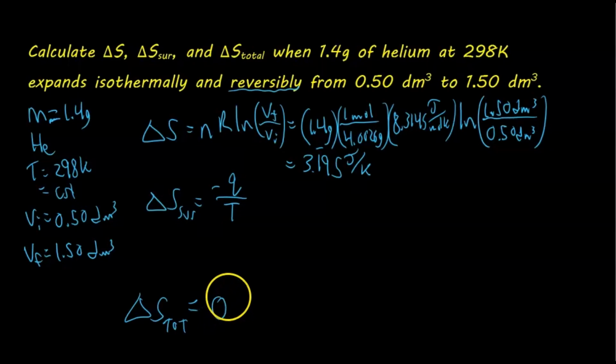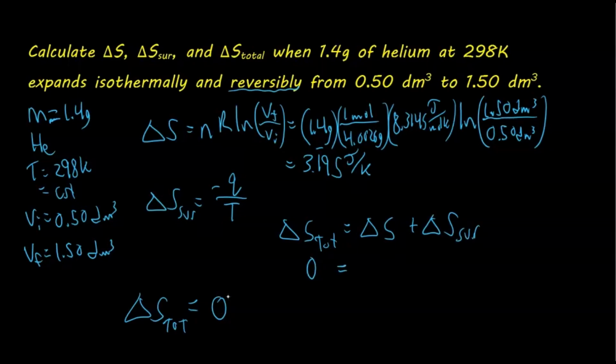So if this is the case, then using the second law, the total change in entropy is equal to the change in entropy of the system plus the change in entropy of the surroundings. Now this is 0, and we have the change in entropy of the system, 3.195 joules per Kelvin, 2 sig figs, and we want the change in entropy of the surroundings. So we can just transpose this to the other side.